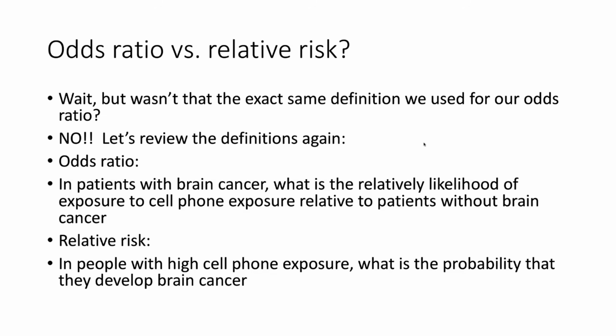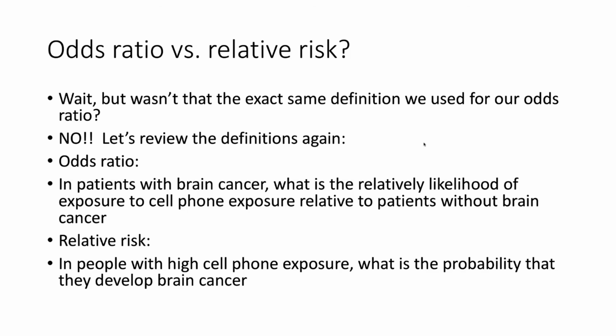One group has brain cancer, one group does not. You go back in time and you ask, what is the likelihood of exposure to cell phones in people with brain cancer versus the likelihood of exposure in people that do not have brain cancer. But we're not concerned about the results, because they may or may not have the same exposure to cell phones. Correct?